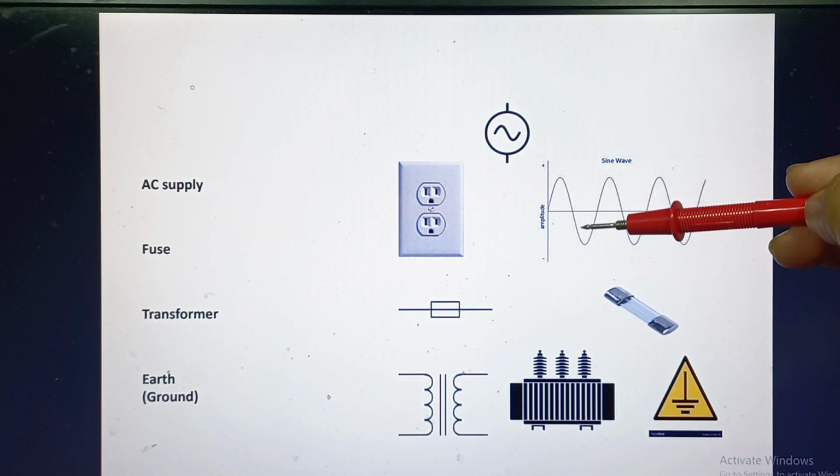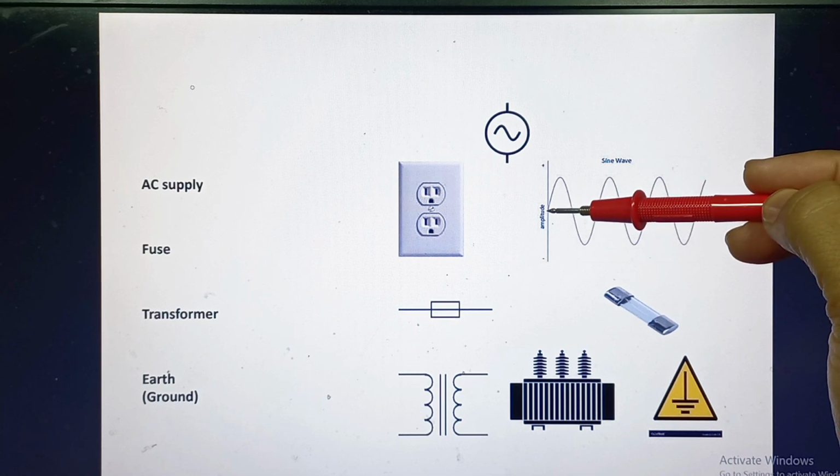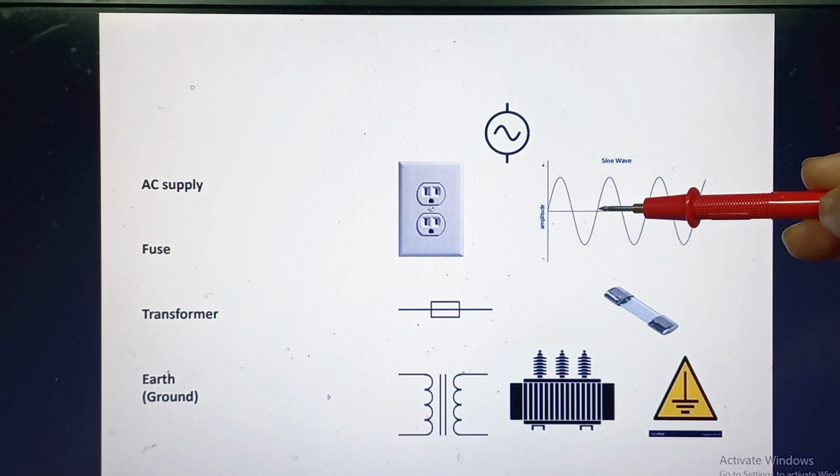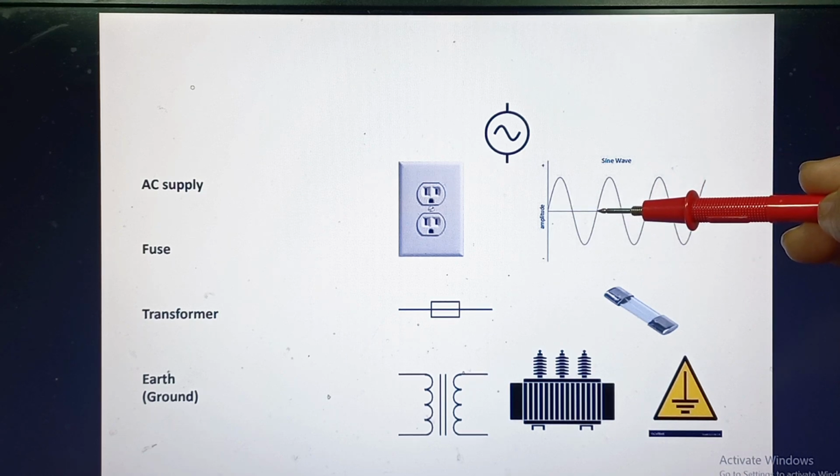This represents a complete cycle. The time required to complete this one cycle is from here to here, which is called the time period of one cycle of alternating current.